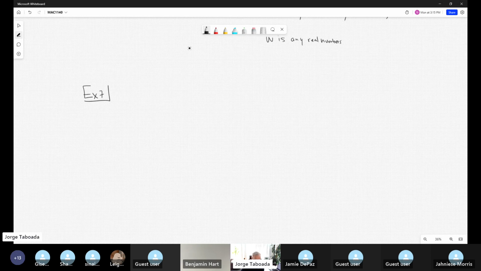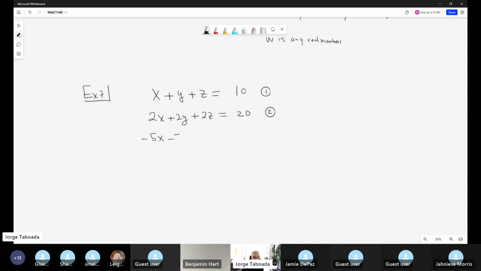Example 7 says x plus y plus z equals 10, equation 1. 2x plus 2y plus 2z equals 20, equation 2, sorry. Minus 5x minus 5y minus 5z equals minus 8.